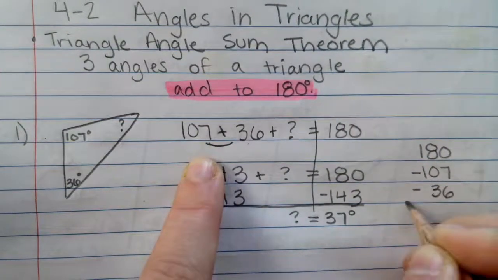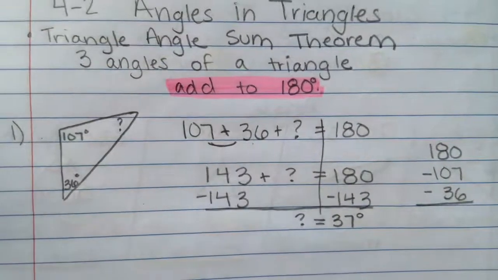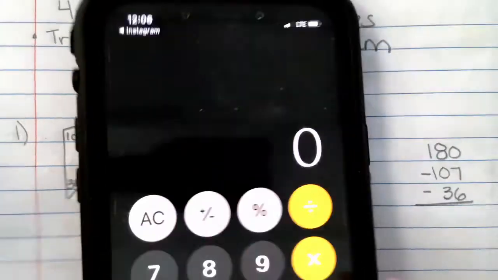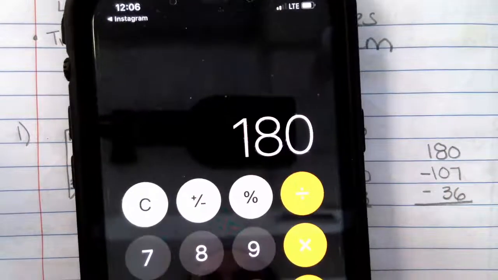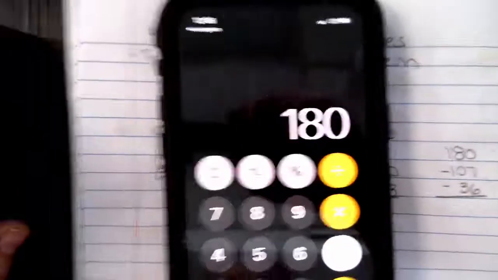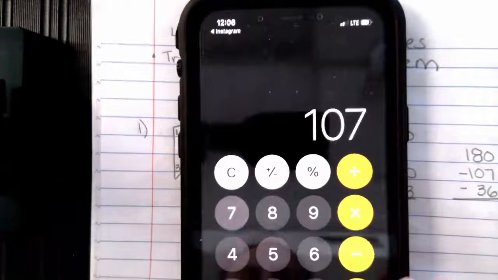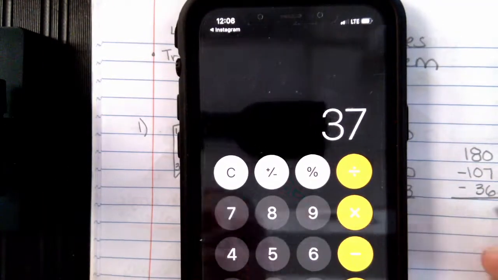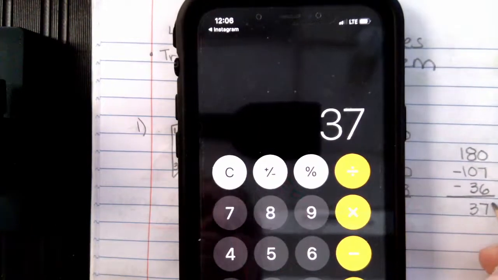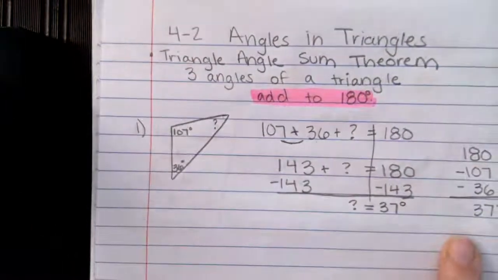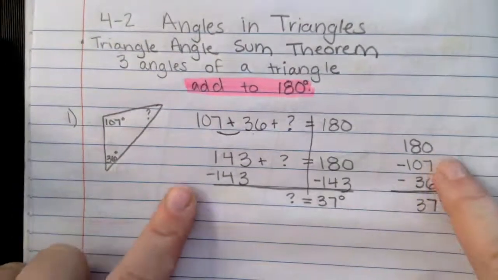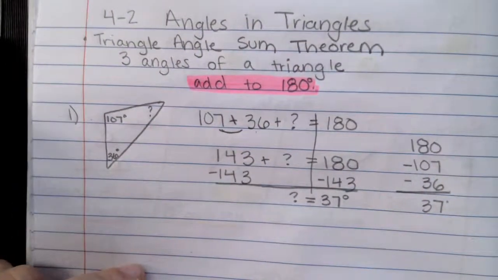If you take 180 minus 107 minus 36, we get 37. So two different ways to get the same answer. You could add first and then subtract, or you could just start by subtracting from 180 right away. Either way would be good ways to do that. Again, you might show your work differently, or you might just plug it into your calculator right away.